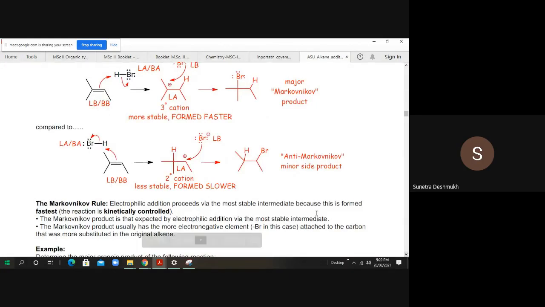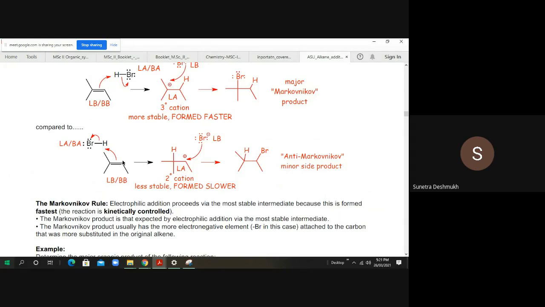Now we will see in another way how the anti-Markovnikov product, the minor side product, will form. Here again, the carbon-carbon double bond acts as a Lewis base or Bronsted base, and HBr acts as a Lewis acid or Bronsted acid. If we go for anti-Markovnikov addition, it means bromine will add to the less substituted carbon atom. So the carbon-carbon double bond abstracts a proton, and we have to generate a secondary carbocation.